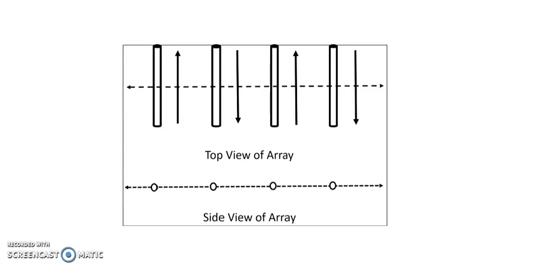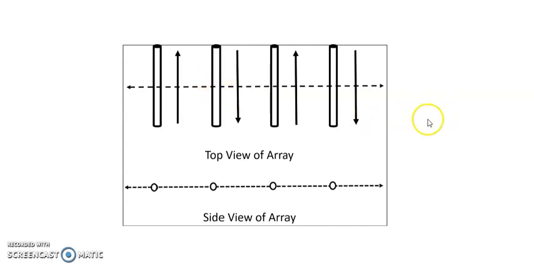An ENDFIRE array is actually a number of identical antennas spaced equally along a line, and individual elements are fed with a current of equal amplitude but opposite phase. That is the difference between an ENDFIRE array and a broadside array.